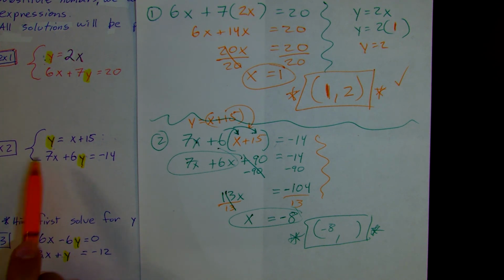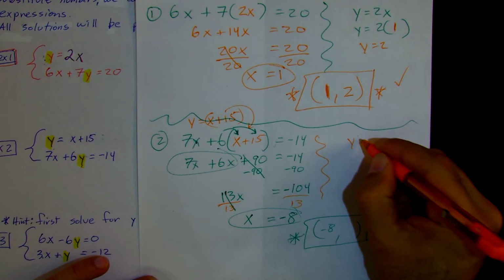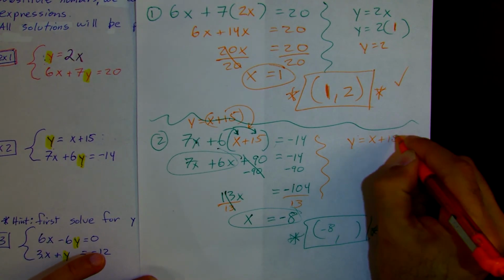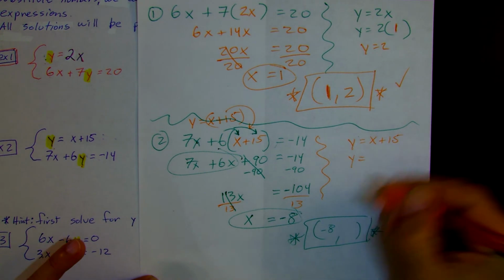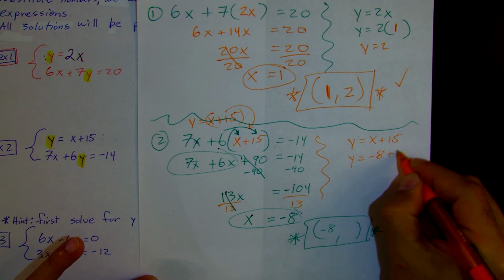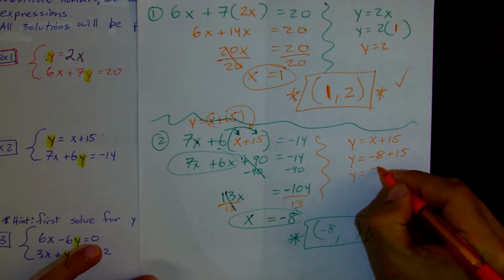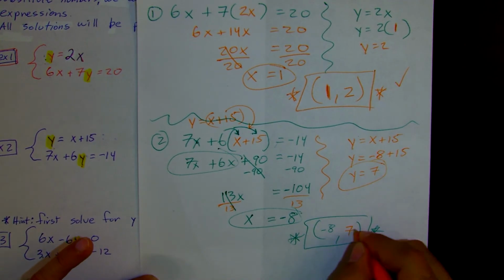It'll be exactly the same answer. If you're worried about which one to pick, don't worry, you could pick either one. Just try to make life easier by picking the one that's set up to solve quickly. Here, my x value is negative 8 plus 15. Y is 7. Done.